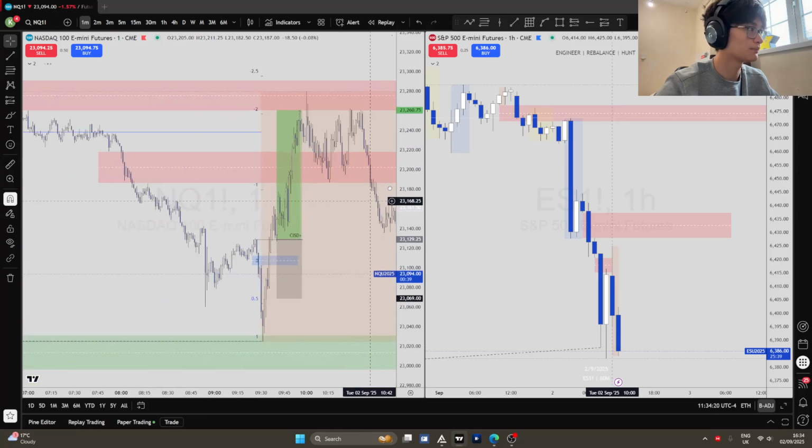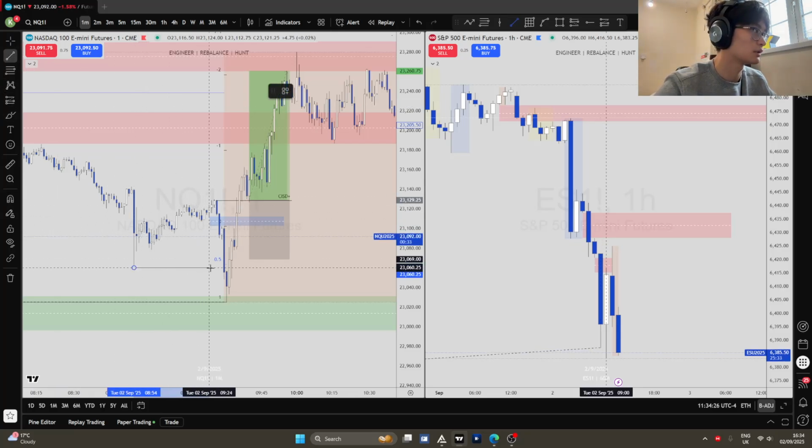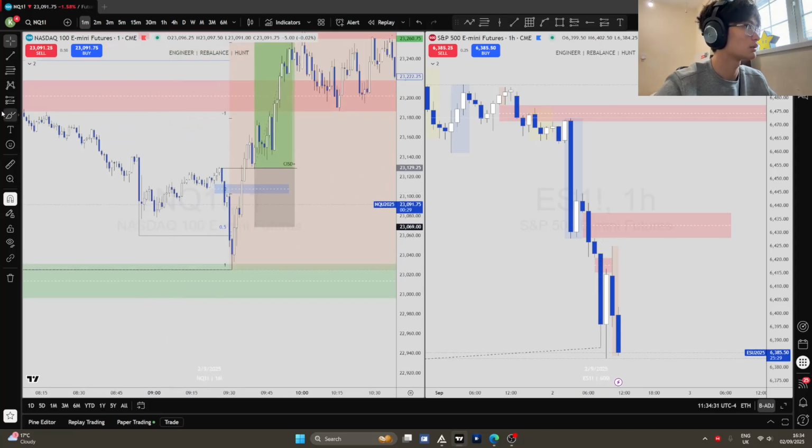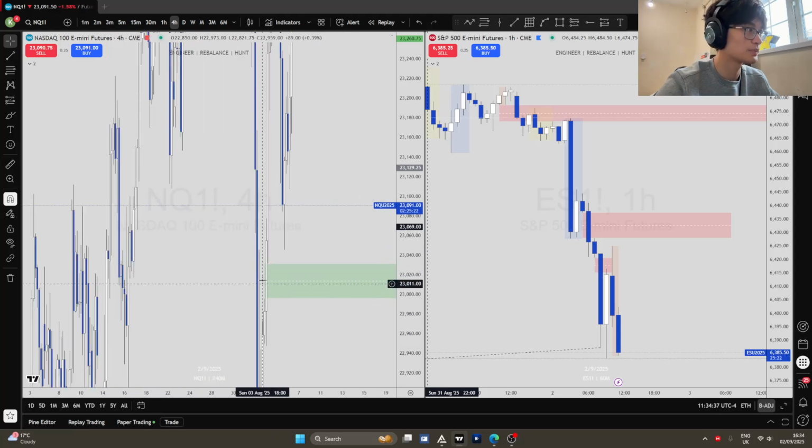Going to the 1 minute, we have some sort of accumulation here. I don't know what this candle is, but we made a range here, and we can look at this as AMD, accumulation, manipulation. This would be turtle soup into this 4 hour BISI.